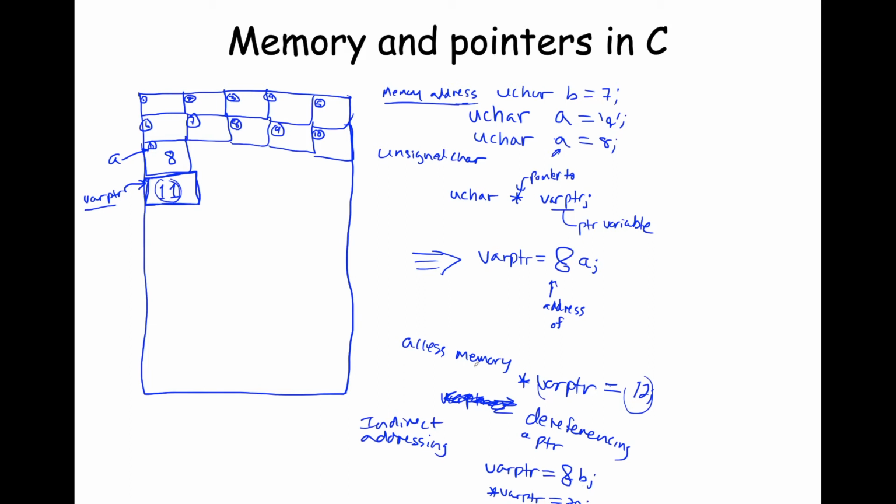If I do that, well, what will happen? Let's say B is stored in memory address 5. When I said var pointer is equal to the address of B, I wrote in 5, which is the memory address of B. I dereferenced it, so now B is going to get the value 20.